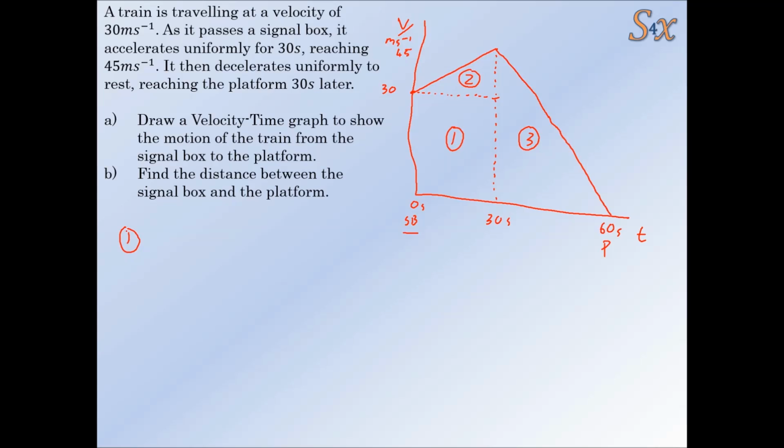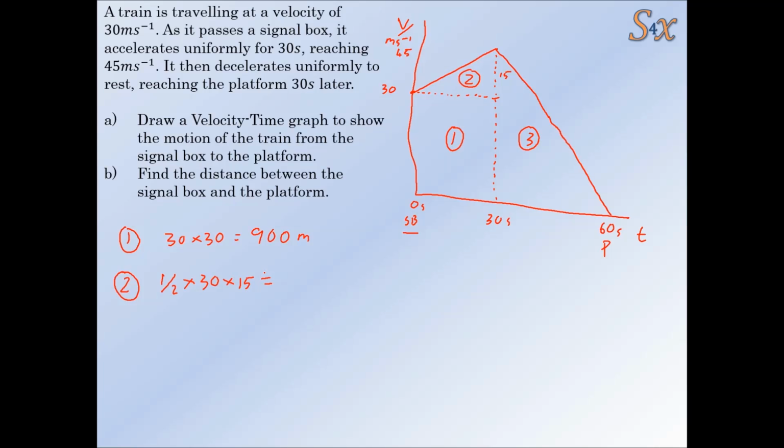So for area 1, we've got a rectangle. So it's going to be the base, which is 30 seconds, times the height, which is 30 meters per second. That's 900 meters. For the second area, it's a triangle, so it's going to be half times the base, which is 30, times the height, which is from 45 to 30, right? So the height here is actually only 15. It's 45 minus 30 to get the height.